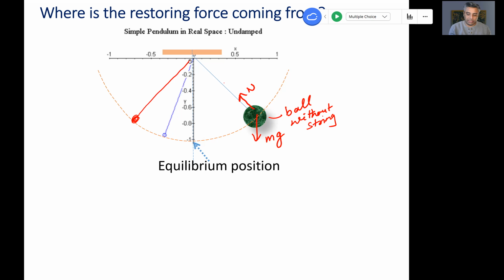Pendulum with the string, what do we have? Tension. And remember, it's not rolling on the ball, it's just swinging in the air, right? So that means there is mg. So it's the net force between T and mg that gives this oscillation. Same idea here.